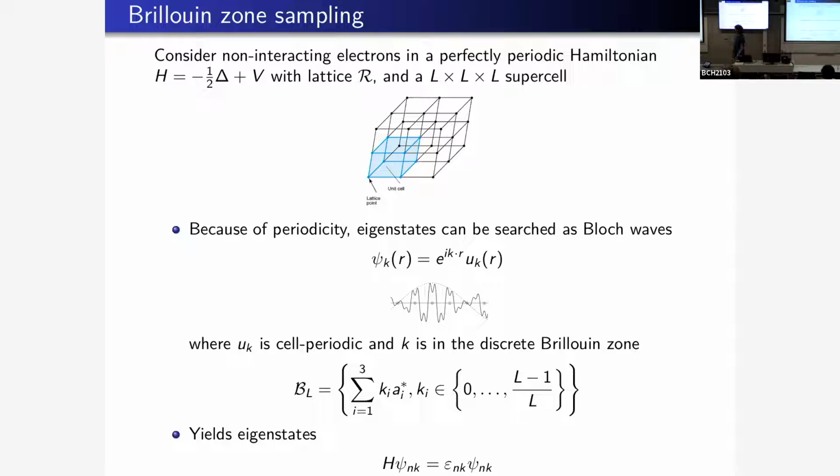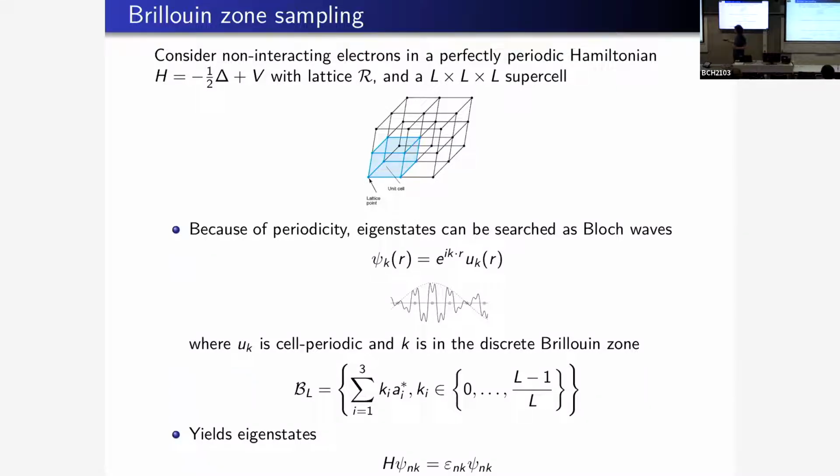And Bloch waves look like this. They are periodic with the periodicity of the unit cell, modulated by an oscillating factor. And this k makes the whole function periodic on the supercell.